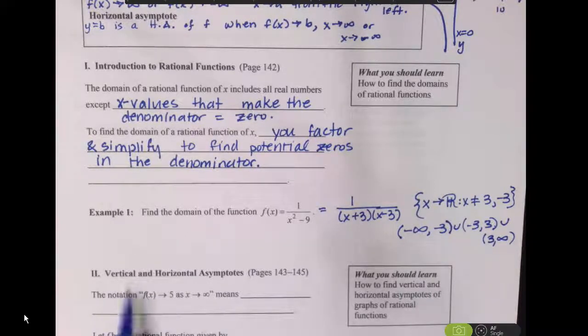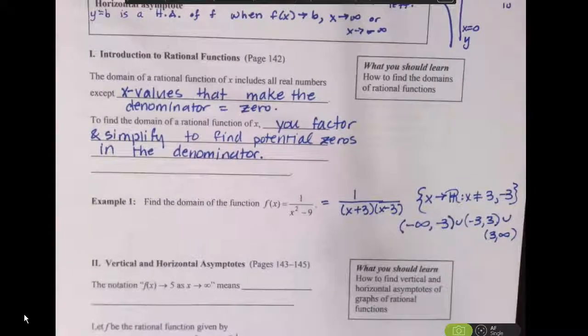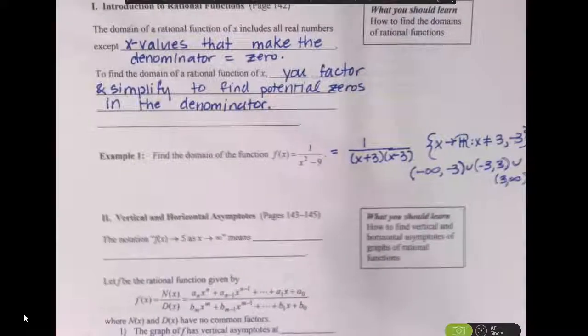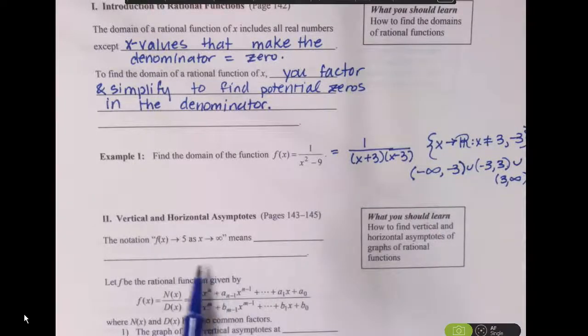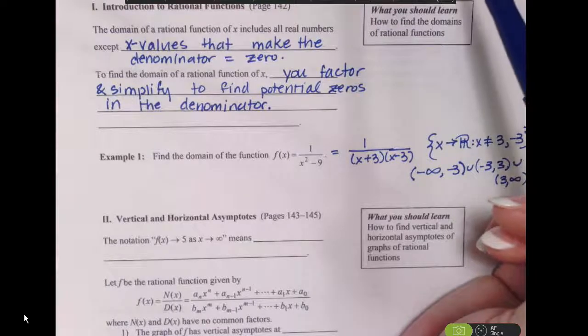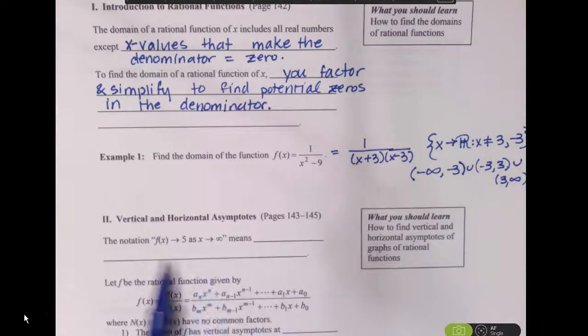So another way that you can use to find your domain is by graphing or visualizing the graph and seeing if there are any asymptotes. If there is an asymptote, that means that that value is excluded from the domain. So let's look at how we write some of this asymptotic notation. We say f of x approaches 5 as x approaches infinity.